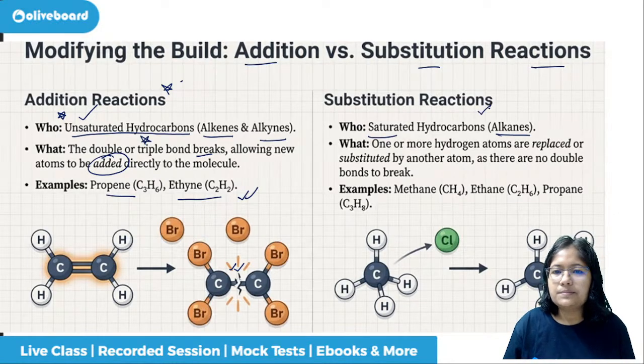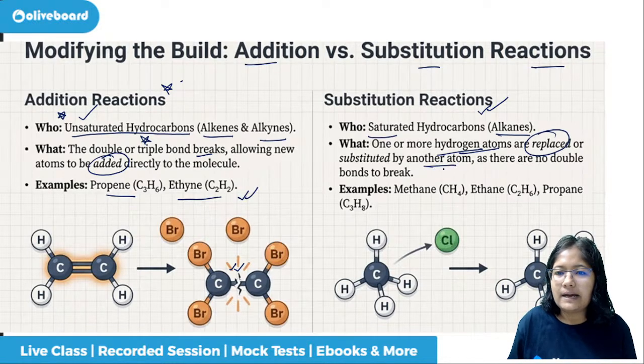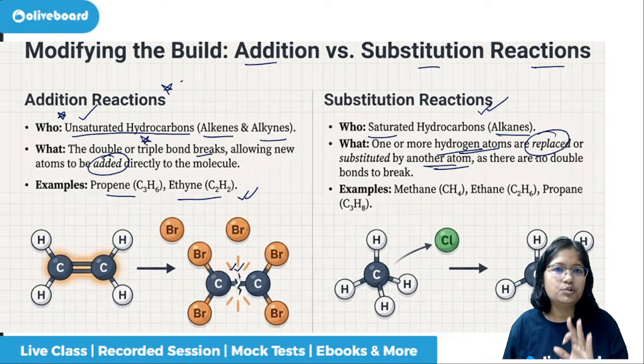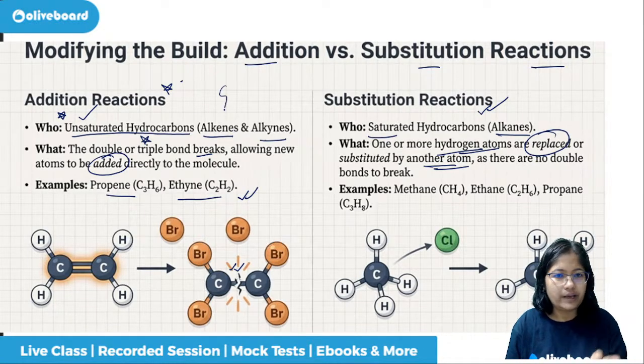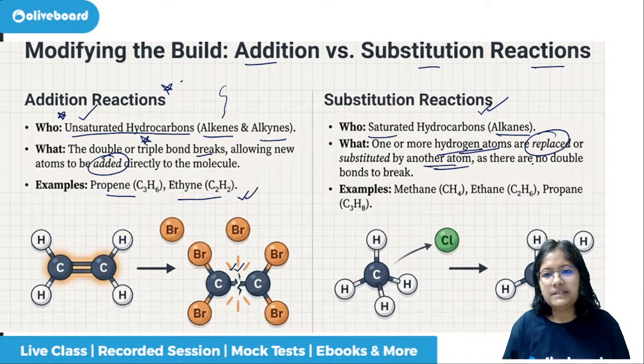In case of substitution reaction, one or more hydrogen atoms are replaced or substituted by another atom, as there are no double bonds to break. Double bonds, triple bonds, okay, they can break, but here it cannot break, right? So what they will do here, it will be substituted.